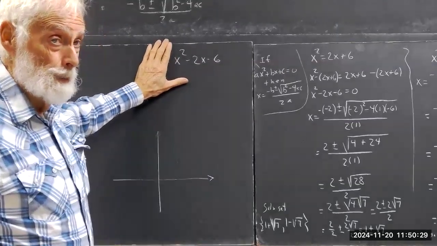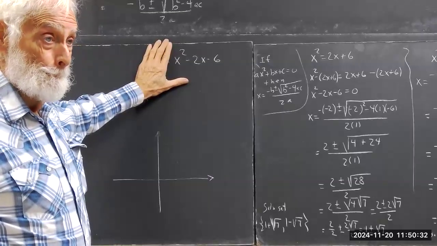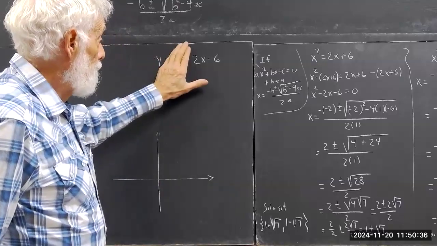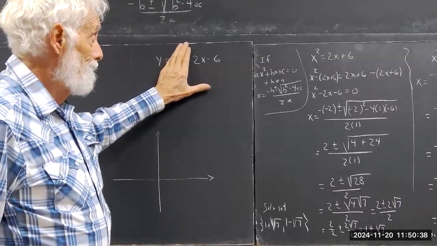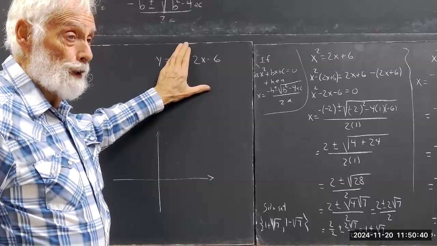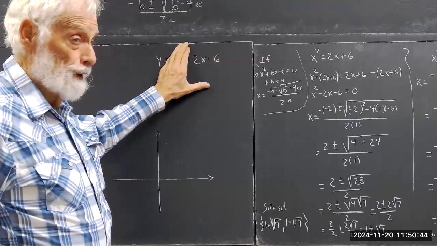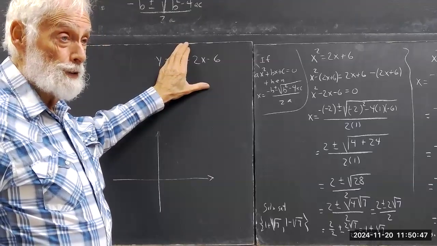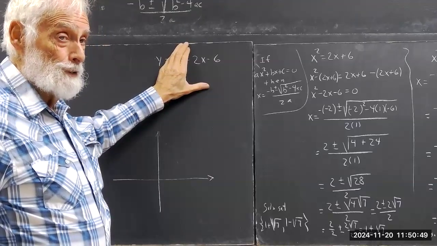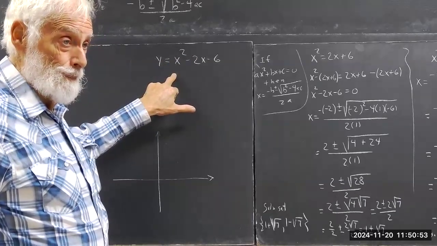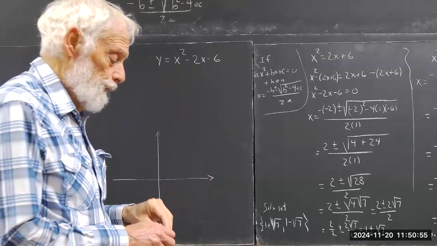It's an ax squared plus bx plus c, right? There's a linear expression in there, minus 2x minus 6, an mx plus b expression, but mx plus b isn't helpful because that x squared is sitting there staring you in the face.